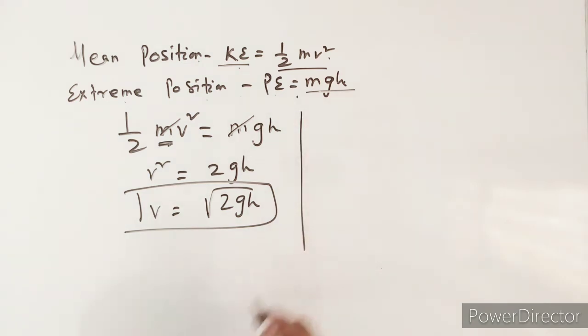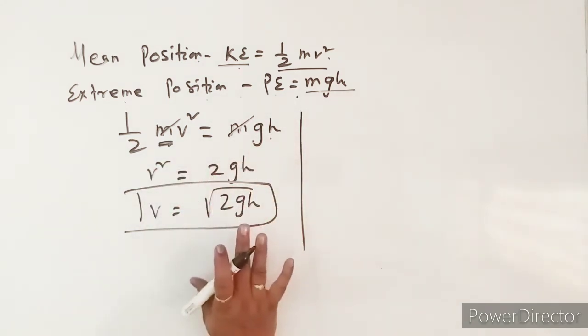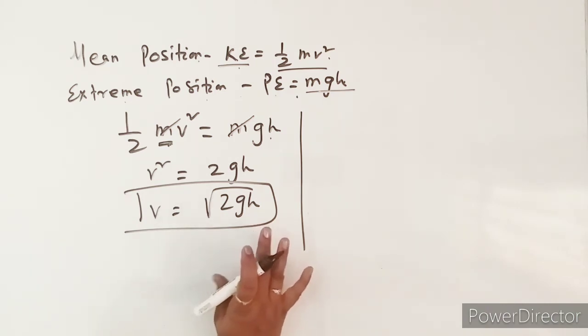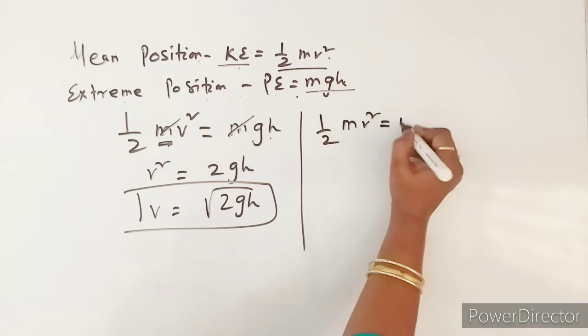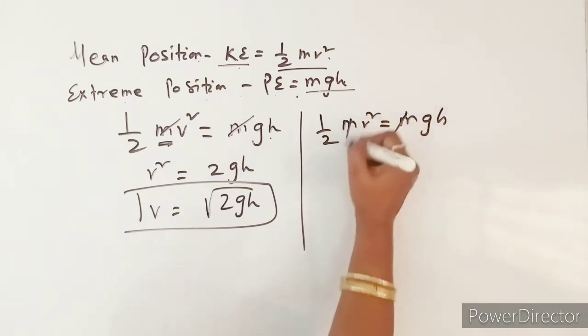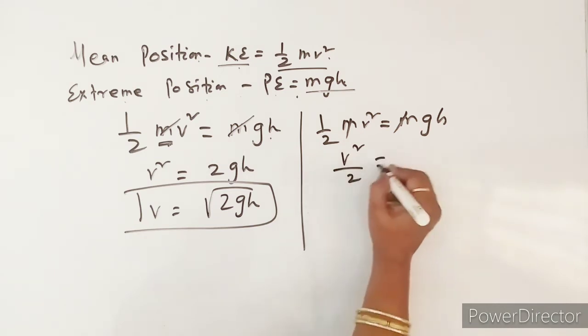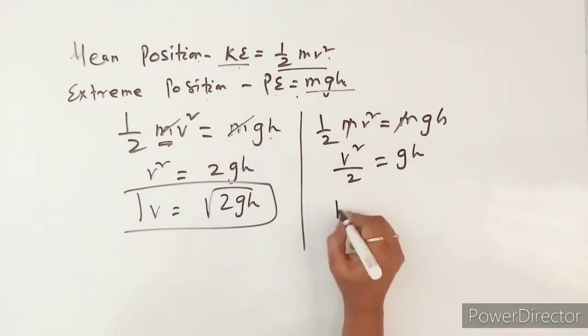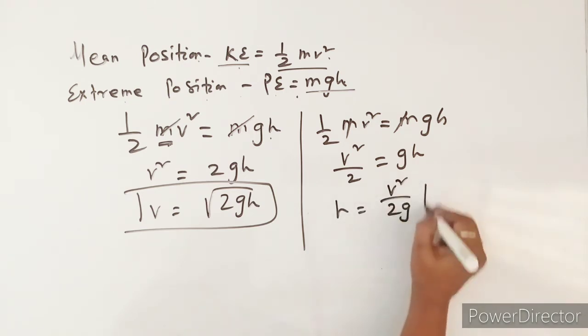In the other case, what height should it reach, if we neglect all air resistance? Half mv square equals mgh, so v square by 2 equals gh, so h equals v square by 2g.